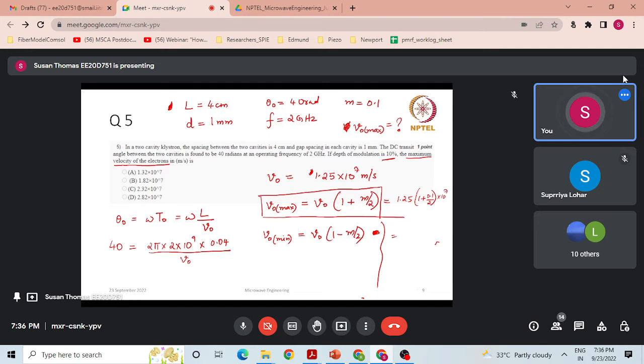I have already given V naught max. Yes, the final answer will be 1.32 into 10 power 7 meter per second. Hope this is clear. If there are any doubts, please ask, or we'll move to the next question.